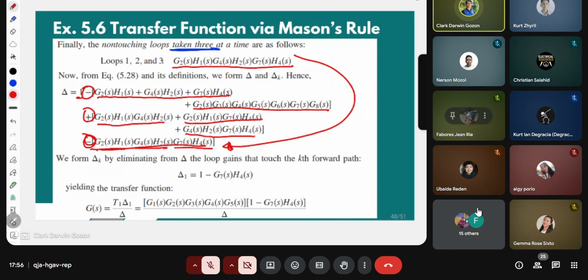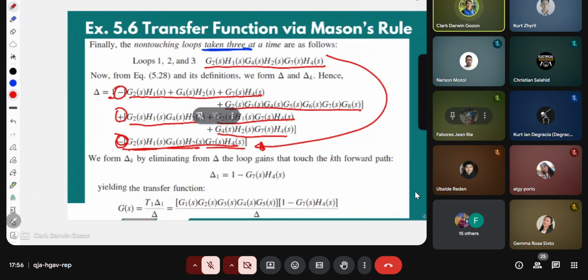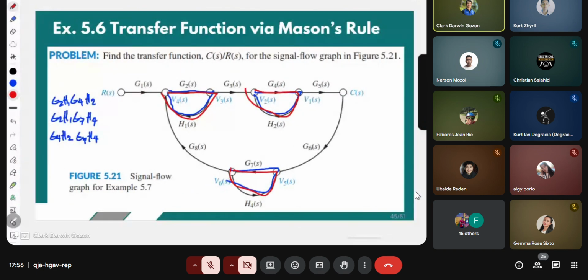Now, ang imo ang delta K, which is isa lang kabuok atong delta K, if you look at the diagram or the flow graph, mao ni ato ang forward path gain.